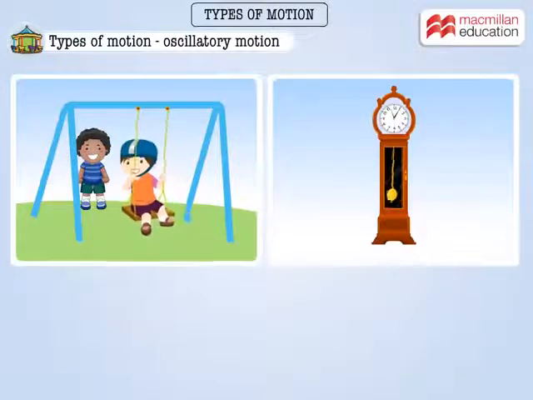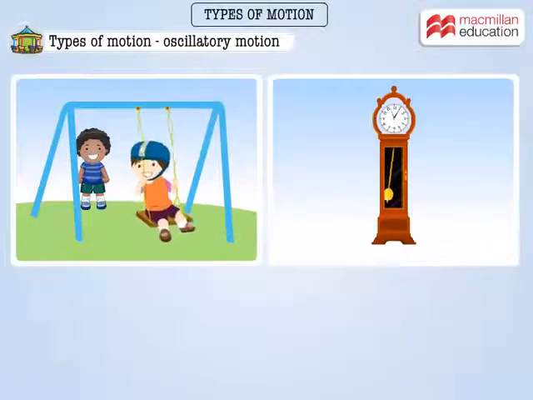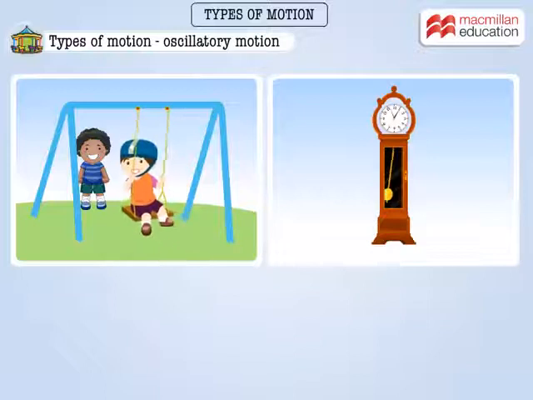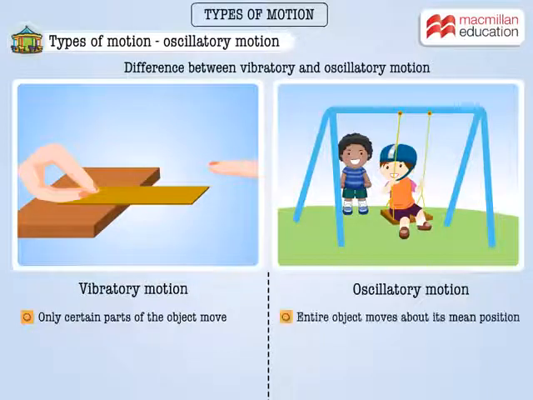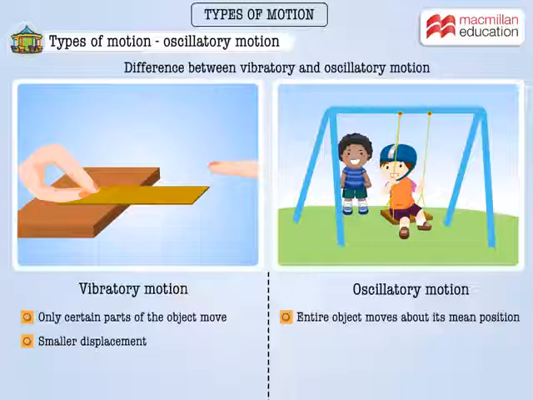But what is the difference between vibratory and oscillatory motion? In vibratory motion, only certain parts of the object move, whereas in oscillatory motion, the entire object moves about its mean position. Also, in vibratory motion, the displacement is very small in comparison to an oscillatory motion.